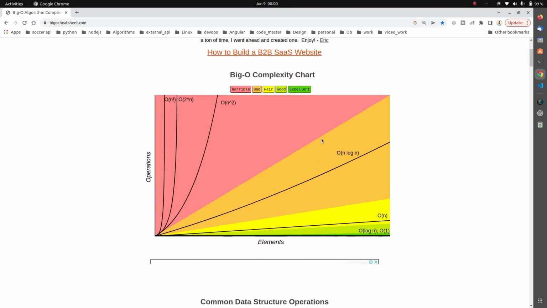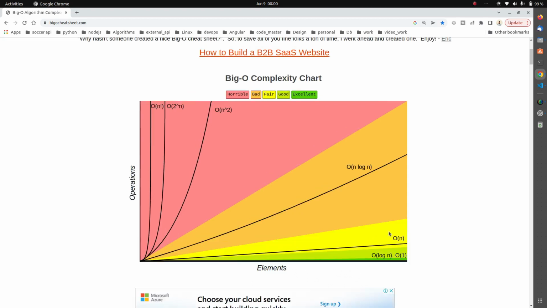Now, if you look at the bottom, you will notice we have the green part. We have O of 1, which is the constant time, and we also have O of log n. So you can see the green part is excellent.